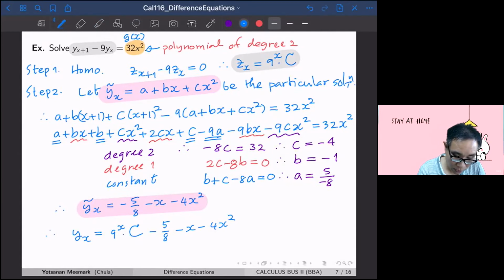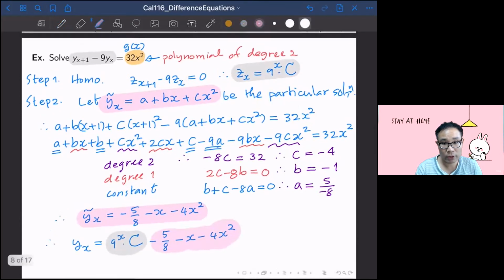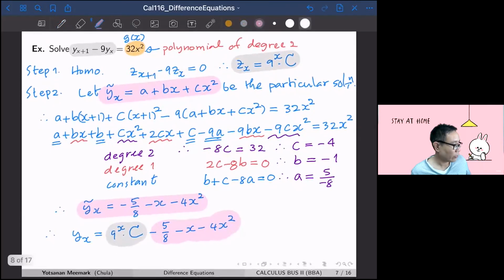This part comes from the homogeneous, and the other part comes from the particular part. So you see this is the first case that you have a polynomial. We're going to have the particular solution in another case which turns out to be the exponential, so it's going to be in the next clip.